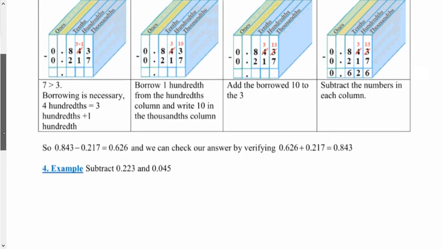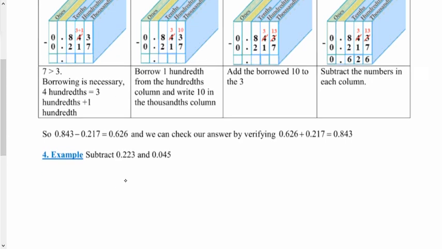So if I want to subtract 0.223 and 0.045, the first thing that I'll do is line everything up, keep the decimals lined up, and then line up all the other place values.